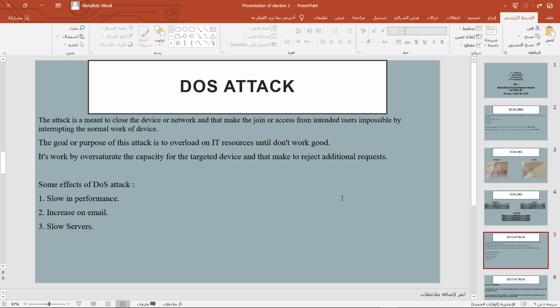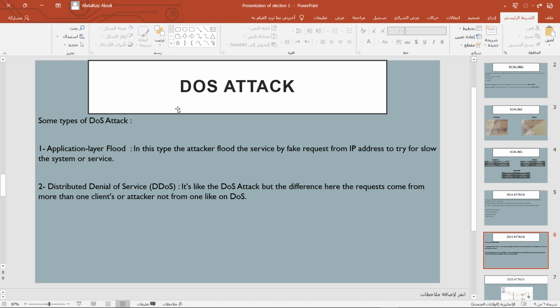So the attacker uses some way to make overload. Some effects of this attack are slow performance, increased email, and a slow server. Increased email here means sending a lot of spam email to make overload.